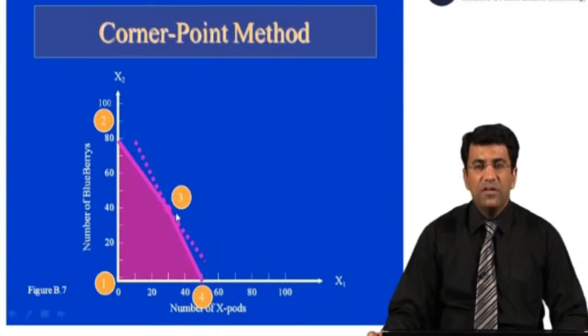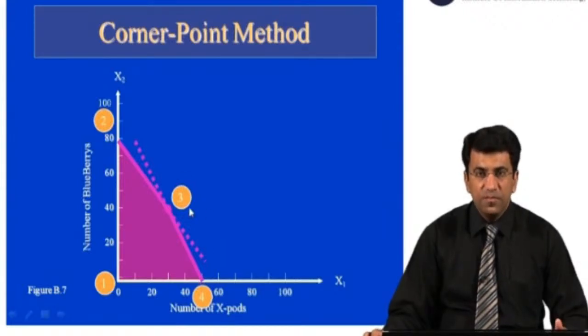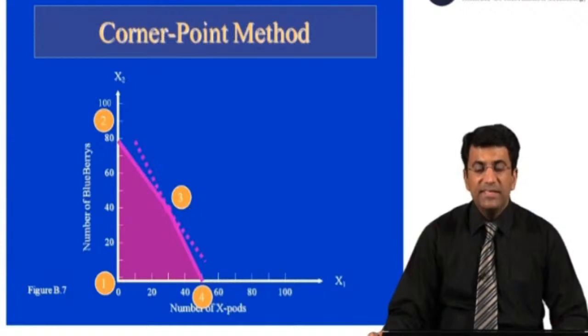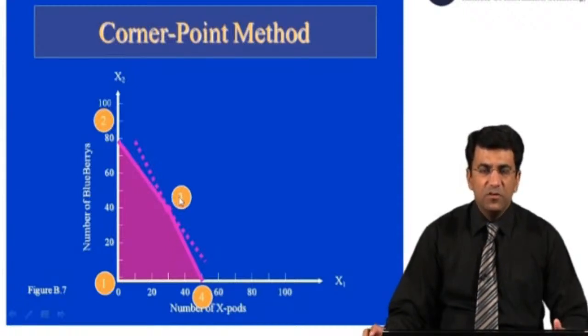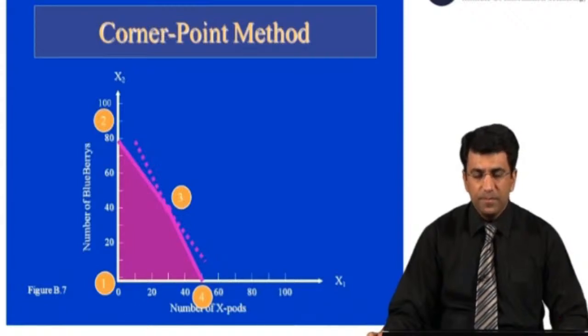And this is another point whose value we don't know up to now. That is the intersection of both of these lines, that is line 1 and that is line 2. So we will have to determine this point 3 through the intersection method of solving the different equations. Now this is the point of intersection of equation 1 and equation 2.